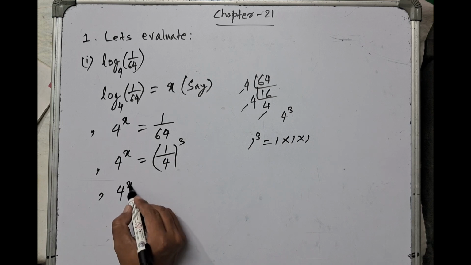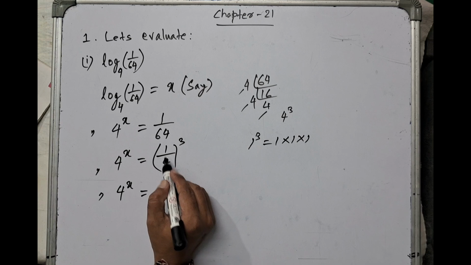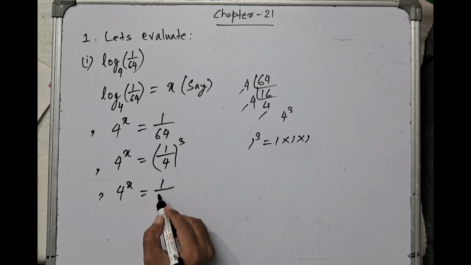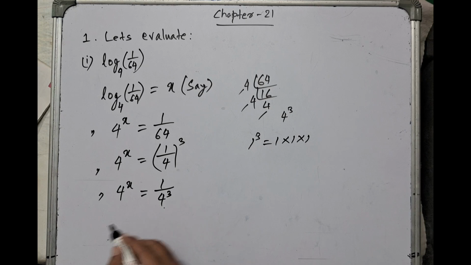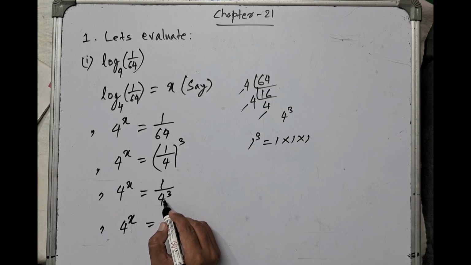4 to the power x equal to, this cube is for both the numbers 1 and 4, isn't it? So 1 cube is 1 and 4 cube means 4 to the power 3. Now we have the power as positive, 4 cube in the denominator.